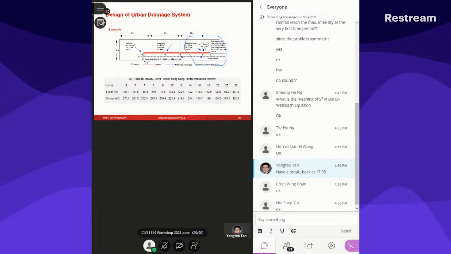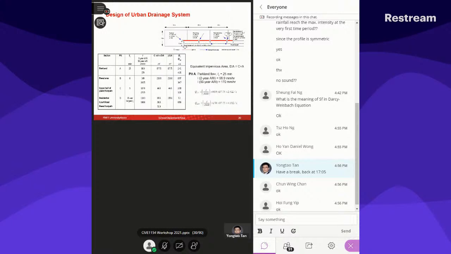For example, the residential area is 15 minutes, the court is 5 minutes, and the pavement is also 5 minutes. So we use the longest time of concentration for pit D. For the equivalent impervious area, we should include the 3 areas. Finally we can have the peak flow to pit D.